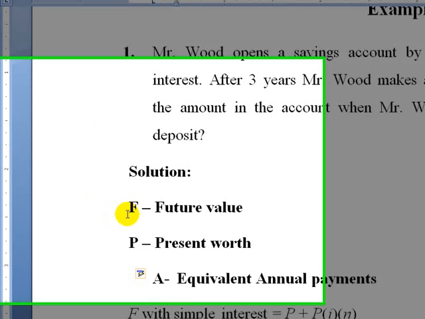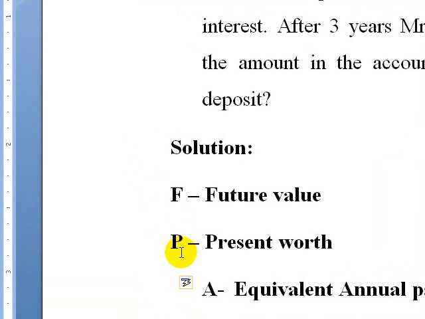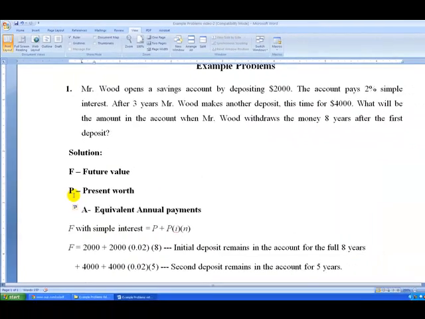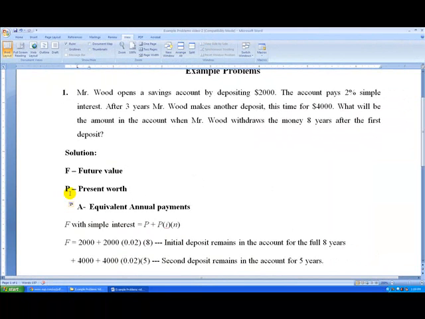So these three letters F, P and A, you will consistently see them during different problems. F indicates future value, P indicates present worth, and A is for equivalent annual payments, right?